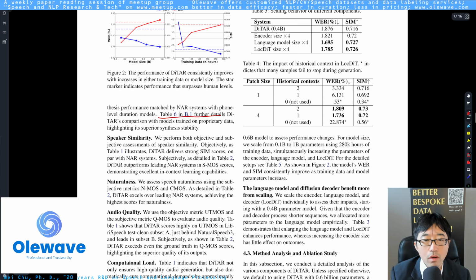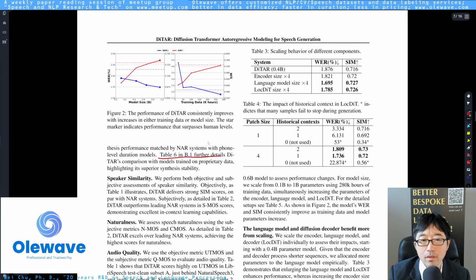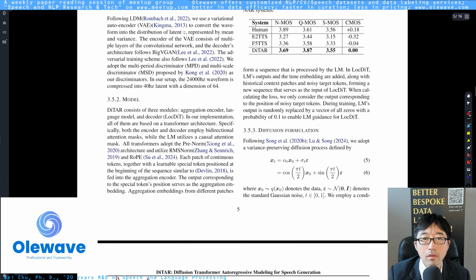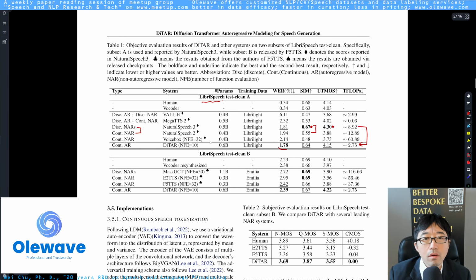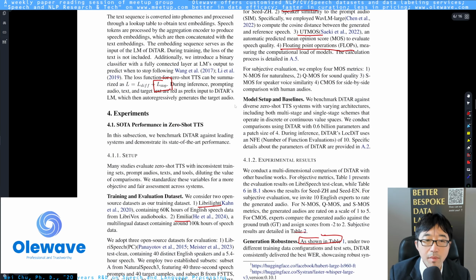They show strong, not the best, compared with NAR system. Yeah, it is the best, right? In this test, where's Table 1? No, it's not the best, because the discretized tokenization non-autoregressive model gets the best similarity score.